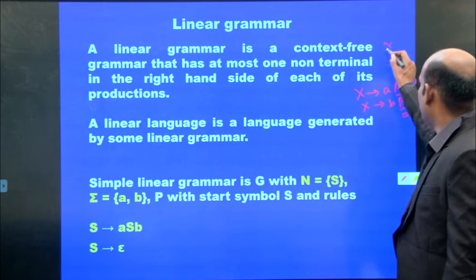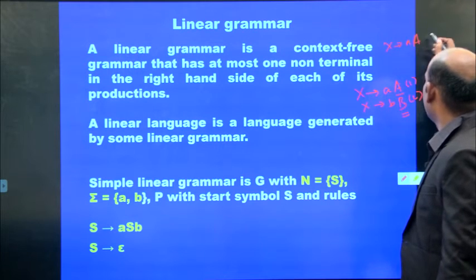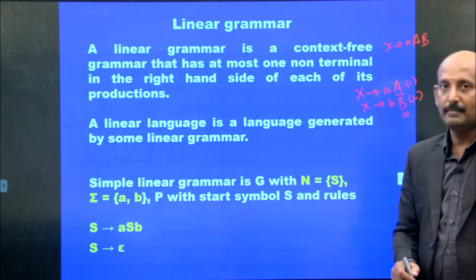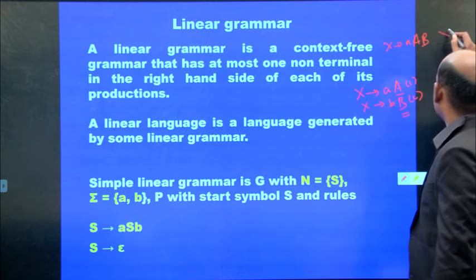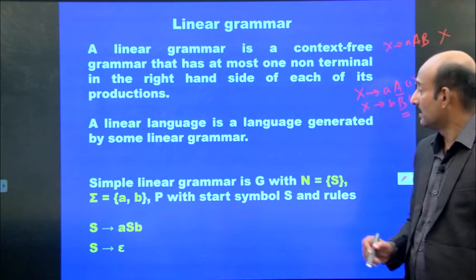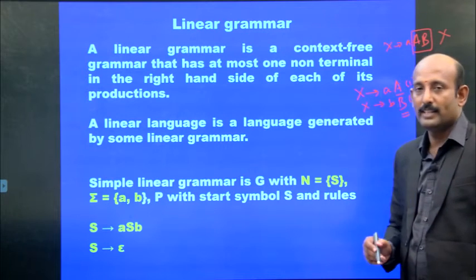Suppose I have X goes to small a, capital A, then capital B; it is not correct, because two non-terminals appear on the right hand side.